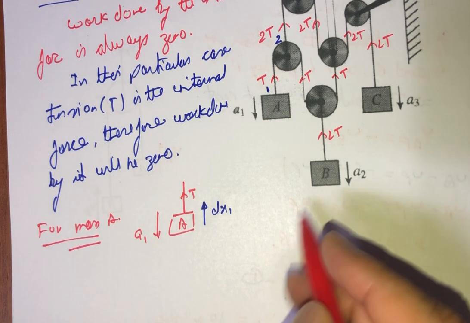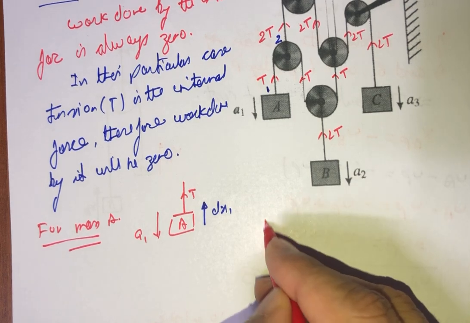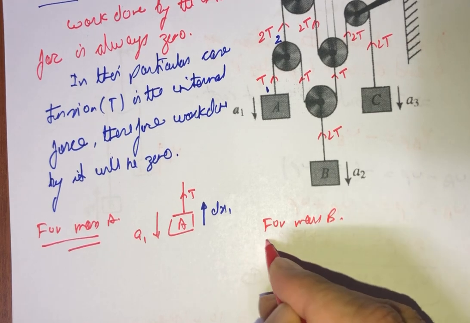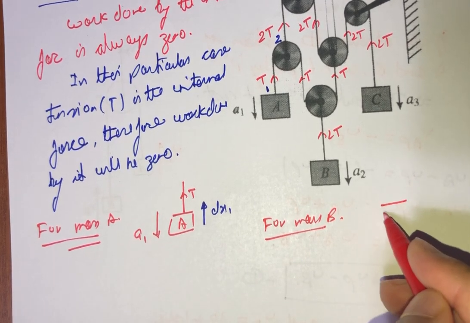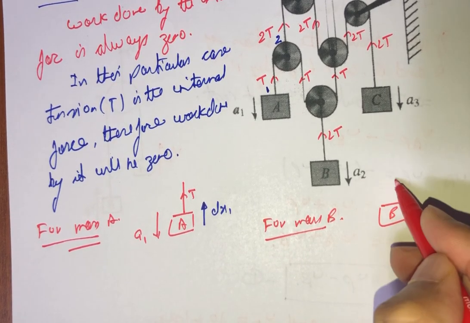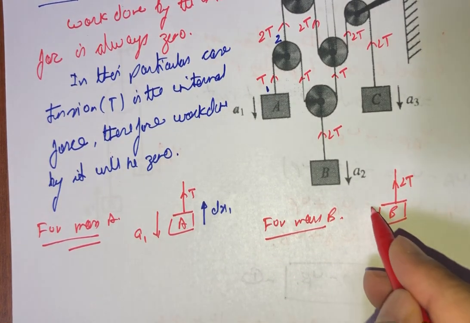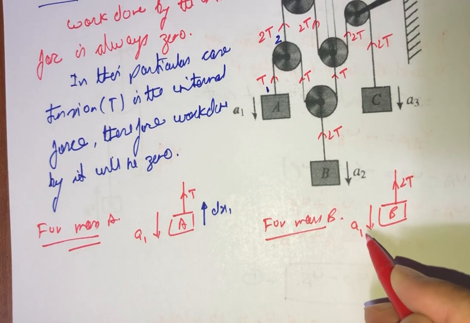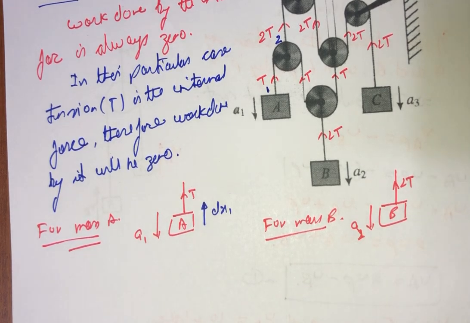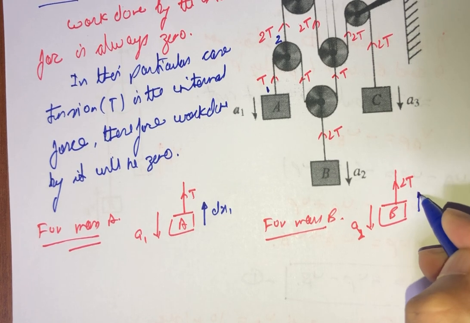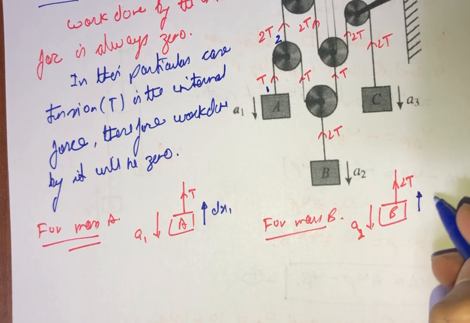Now we can consider mass B. It is having a tension 2T in the upward direction, acceleration a2 in the downward direction, and in this case also we assume that there is a marginal displacement dx2 in the upward direction.